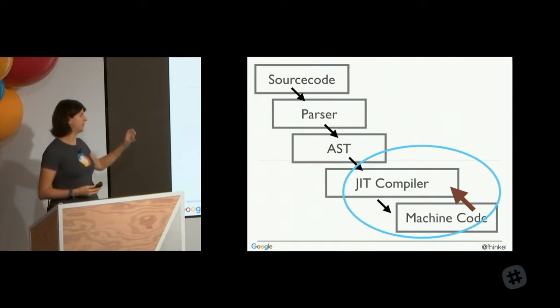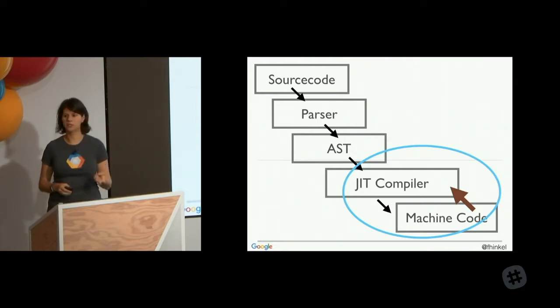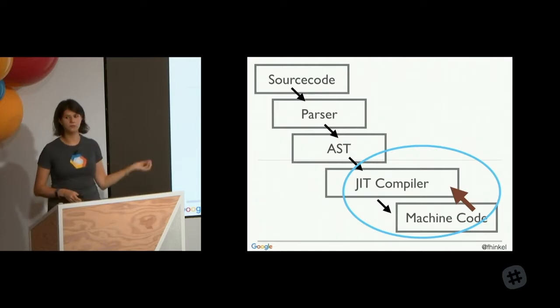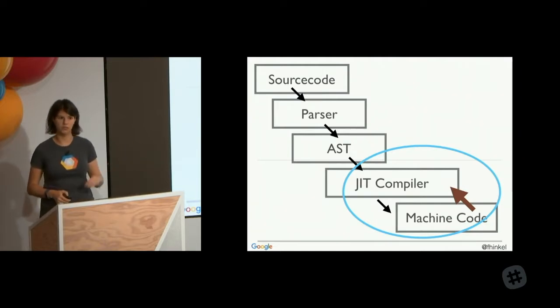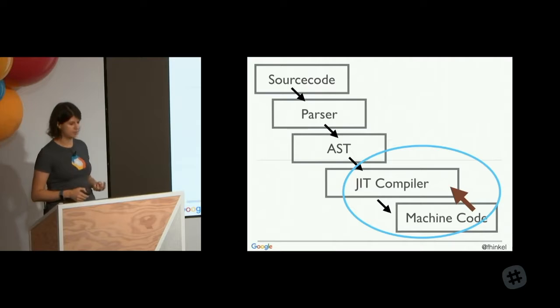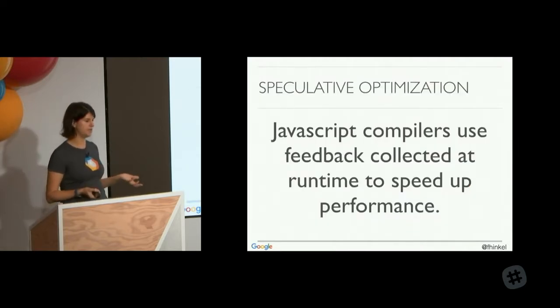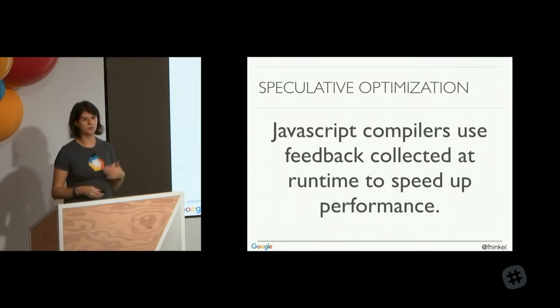That's the big trick why switching back and forth between compiling and runtime can actually speed up JavaScript, even though it sounds way more complicated than saying compile everything, run everything. By switching it up, the compiler can get information from runtime and use that to generate faster machine code the next time it's compiling. So JavaScript compilers use feedback collected at runtime to speed up performance.